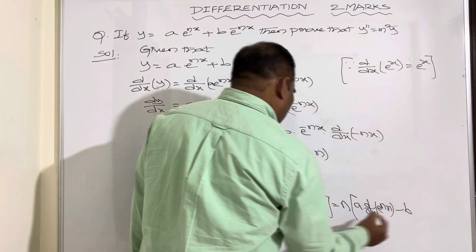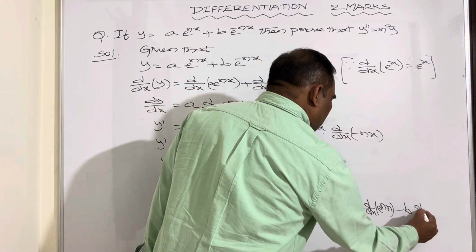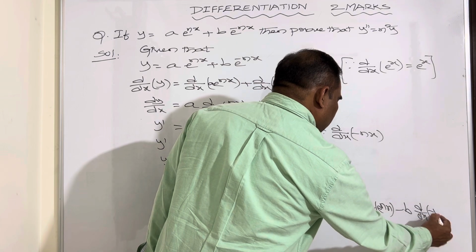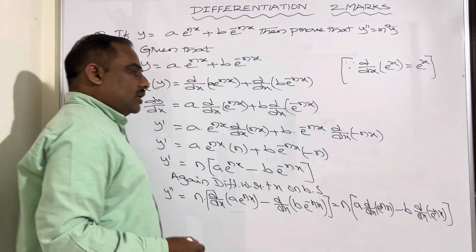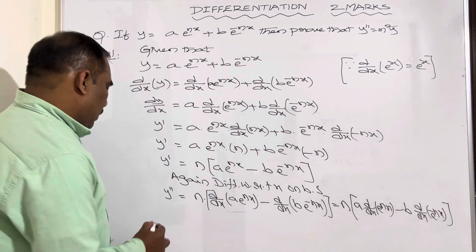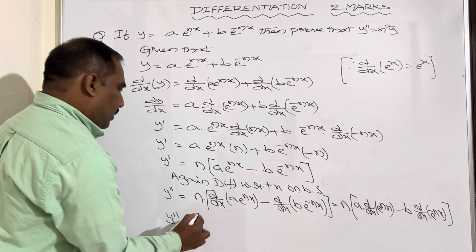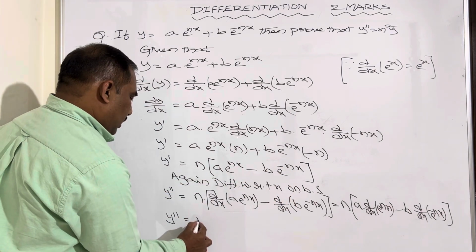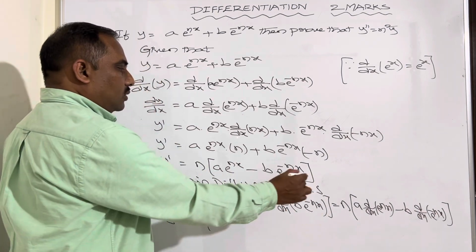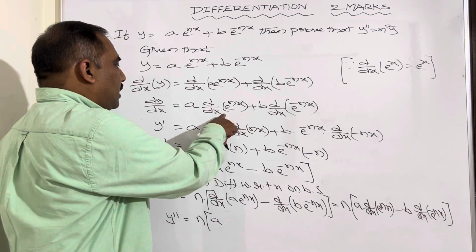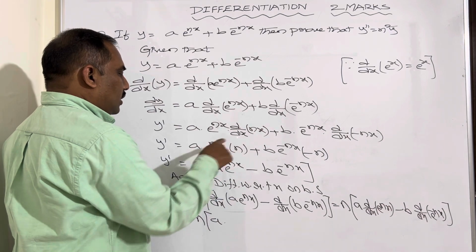minus b into, again b is also a constant, so b into d by dx of e to the power of minus nx. So we get y double dash is equal to n into a into d by dx of e power nx, which we get as n into e to the power of nx.